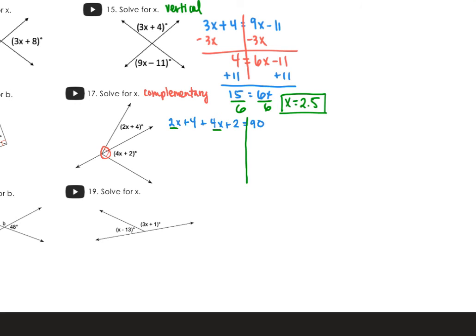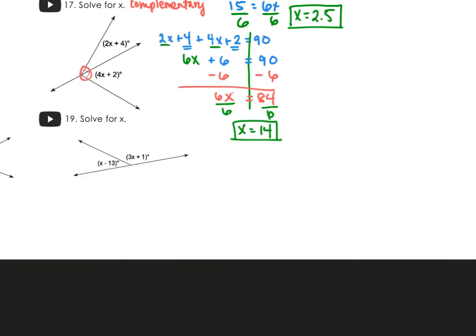Combining like terms, 2x and 4x make 6x. And then I have 4 and 2. And now to solve, subtract 6. So 6x equals 84. And then last step, divide by 6. You get x equals 14.